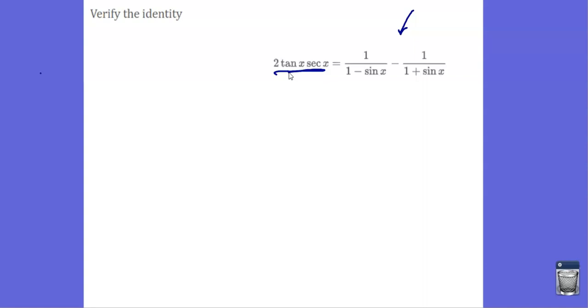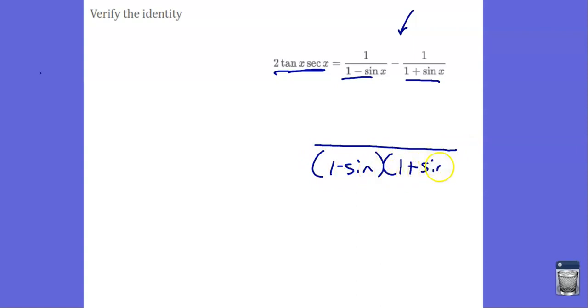Well, the common denominator is going to be the combination of those two denominators. So, we're literally going to put this as the denominator. So 1 minus sine, and then 1 plus sine. And so we're going to multiply this by 1 plus sine. We're going to multiply this by 1 minus sine.